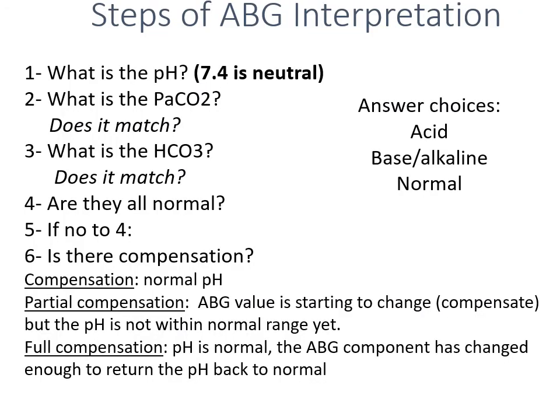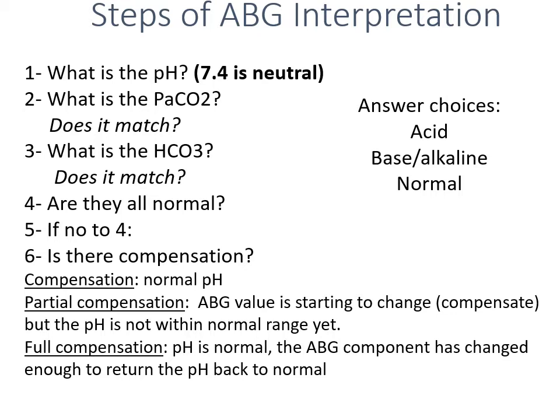Okay, so let's look at some steps to interpret an arterial blood gas. So the first one is, what is the pH? So if the pH is between 7.35 and 7.45, you don't have an issue, right? There's no acidosis, there's no alkalosis. It's normal, okay? So then let's look at the CO2, okay? So if you have an acidosis and you have an elevated CO2, that's telling you that you likely have a respiratory acidosis because you've been unable to clear your CO2, okay?